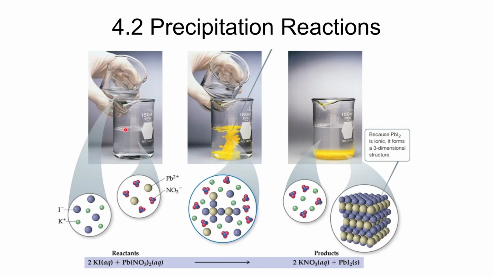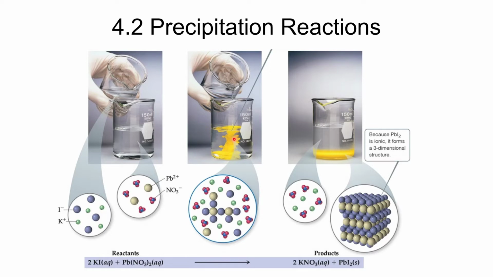When we mix them together, we'll find that some of the ions really like forming a solid. The ions that form a solid here are lead(II) and the iodide ions, and we'll get PbI2, and that's what this yellow solid is. Sometimes people look at this picture and say, that doesn't look like a solid, it looks like a liquid.